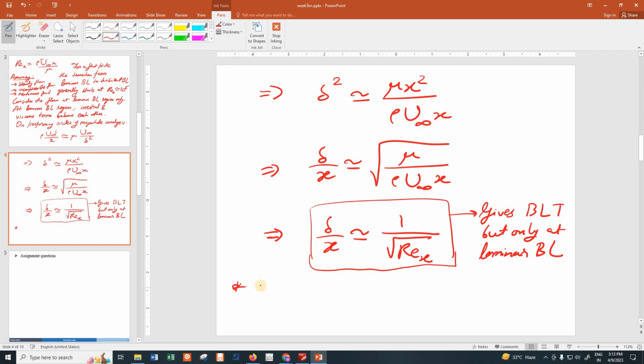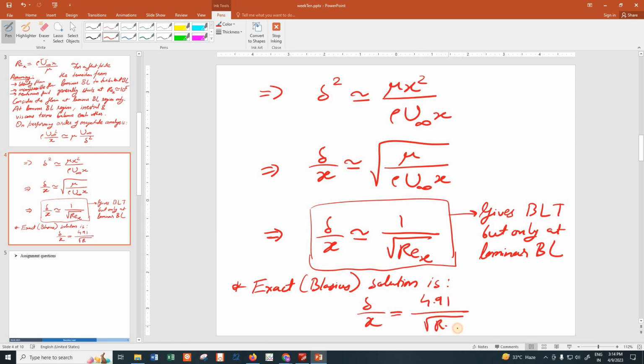Now the exact Blasius solution is given here.